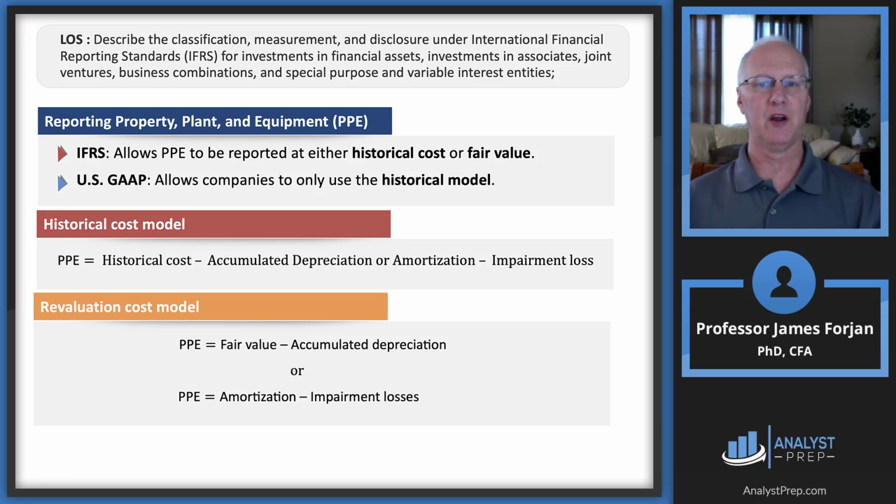More differences here. US GAAP companies use the historical model, but under IFRS, property, plant, and equipment can be either historical or fair value. And there are some good formulas there. I'm guessing you probably remember those from level 1. Boy, am I going to get my camera out and take a picture of that? I'm not quite sure. I think we know enough to memorize those.